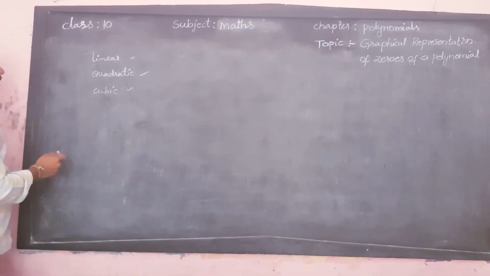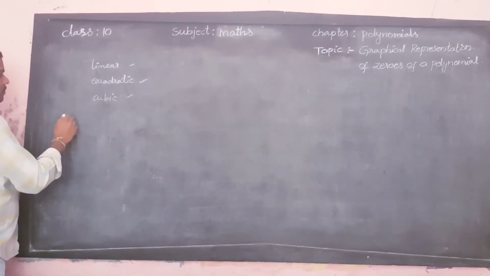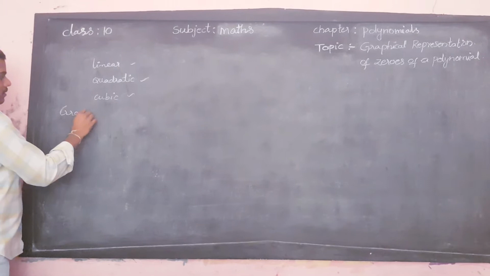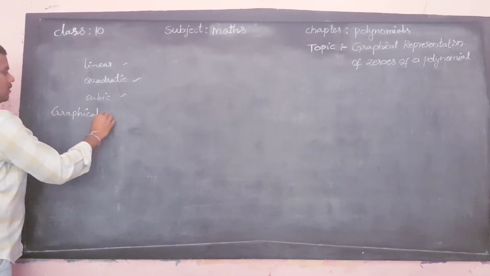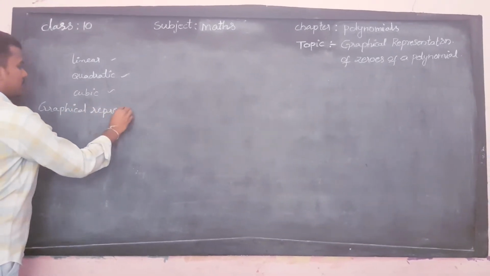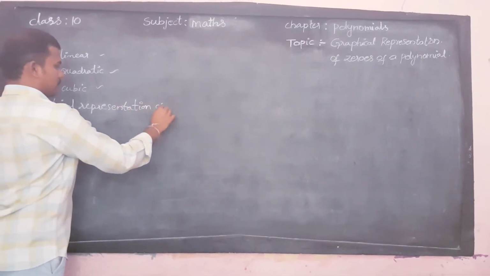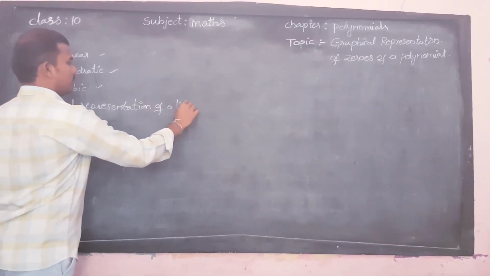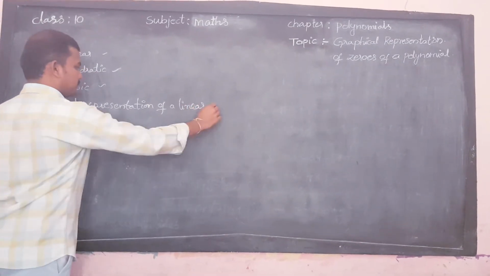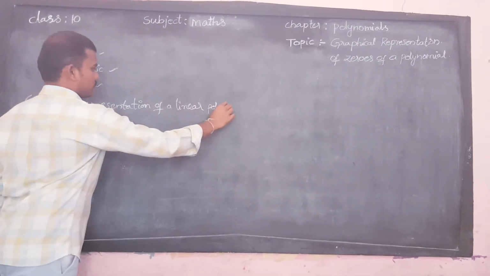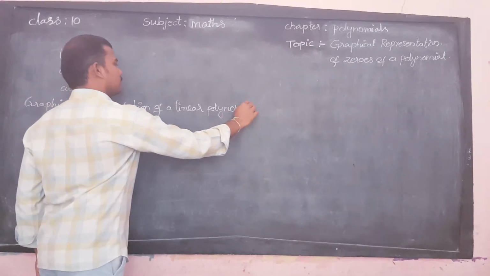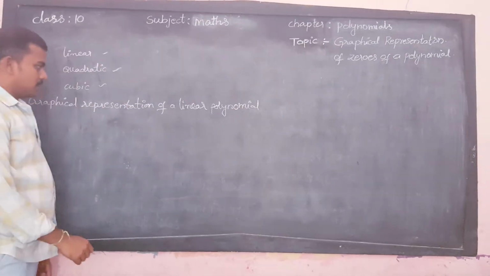First we discuss the graphical representation of a linear polynomial. A polynomial of degree 1 is called a linear polynomial.